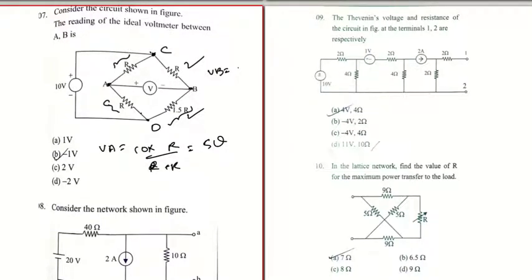So according to the voltage division principle, we can find it as 10 into 1.5 R divided by 1.5 R plus 1 R, which is equal to 6, and VAB is equal to VA minus VB, which is equal to 5 minus 6, which is equal to minus 1 volt.